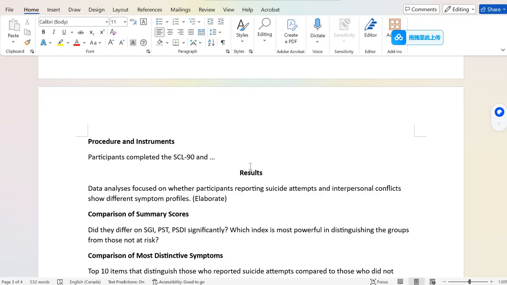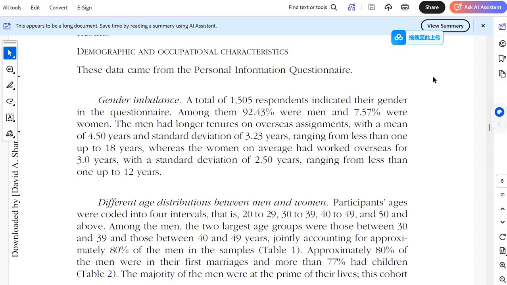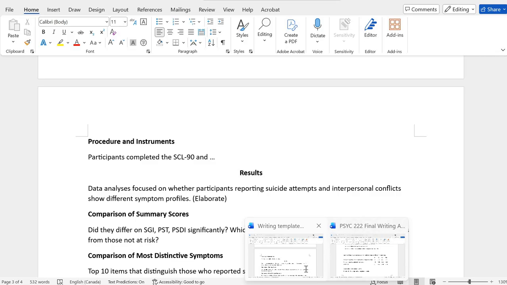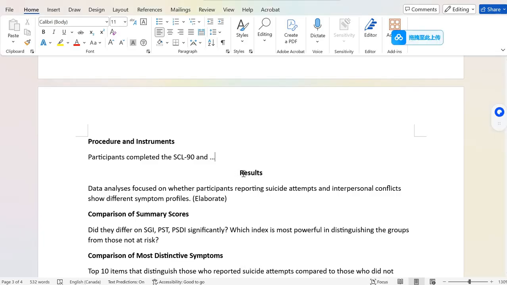Here you describe what the setting was. They completed the instruments when they joined a mental health education program, mental health training sessions. You look for detailed information about the procedure. Was the questionnaire completed anonymously? Did the participants have to give their names and identities? A bit important.